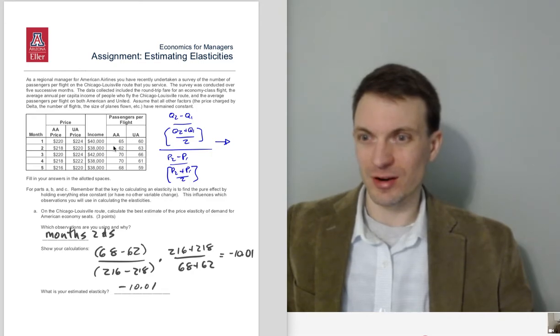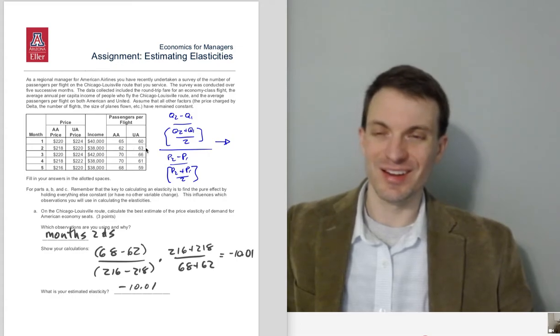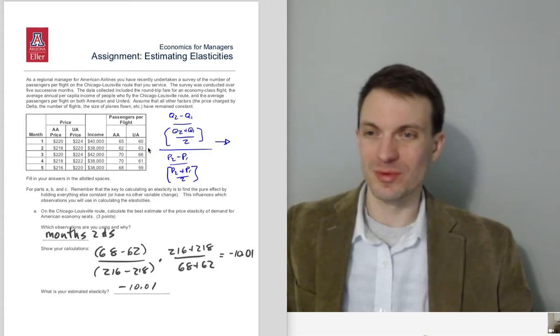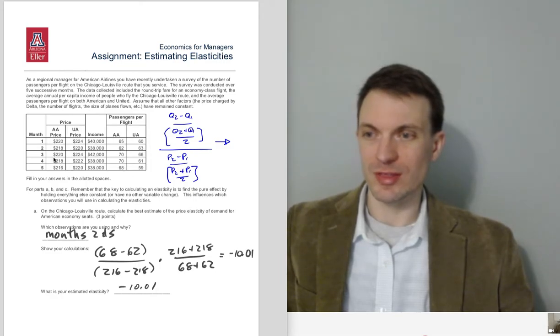And American Airlines quantity changed. Yes, United Airlines quantity changed, but that's not a shifter that we have to worry about. We are interested in only American Airlines price and American Airlines quantity changing. So we do get that with months 2 and 5.